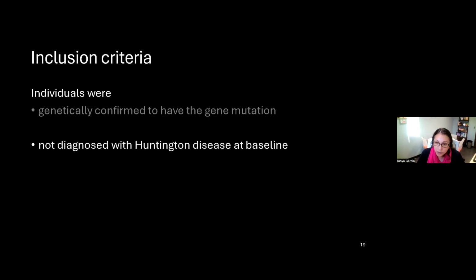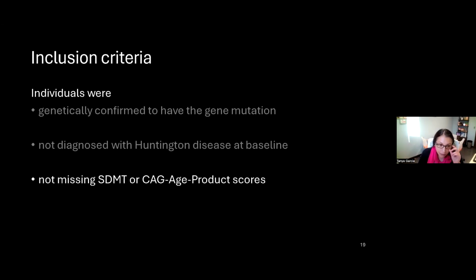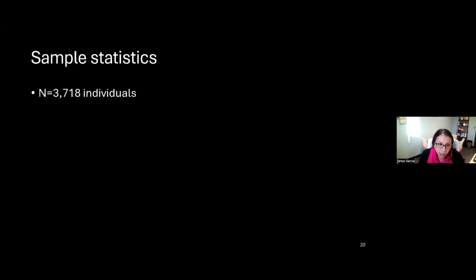They were not diagnosed with Huntington disease at baseline because we were interested in looking at how cognitive impairment changes before a diagnosis, with the eventual hope that if we can understand that pattern, perhaps we can intervene before irreparable damage. And finally, we looked at individuals whose data had no missing SDMT scores or that disease burden score. After doing this filtering, we looked at roughly 3,700 individuals, and the censoring rate was 85%, meaning for 85% of the individuals, we did not know when they were diagnosed.